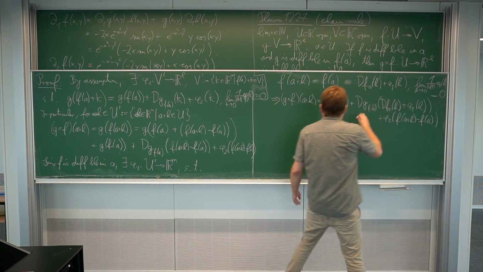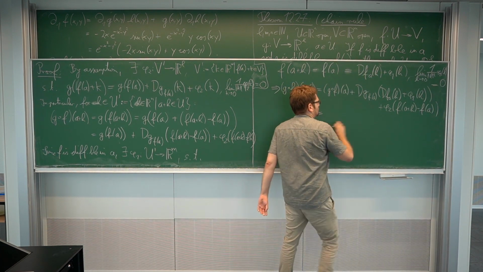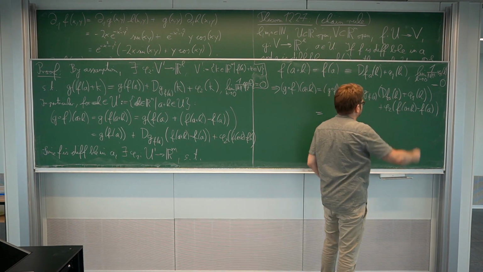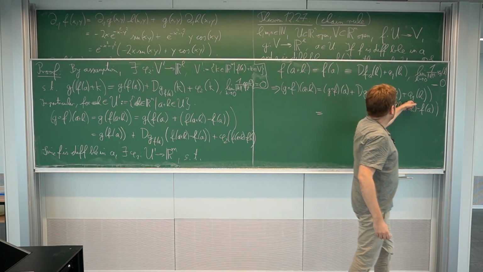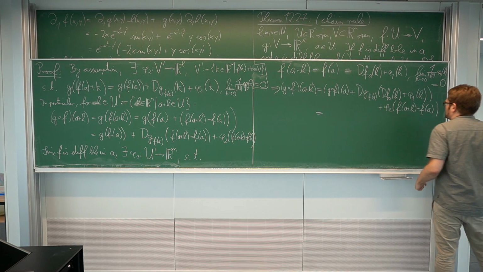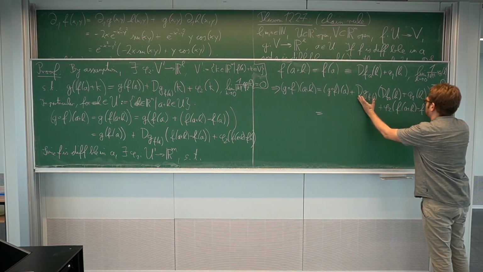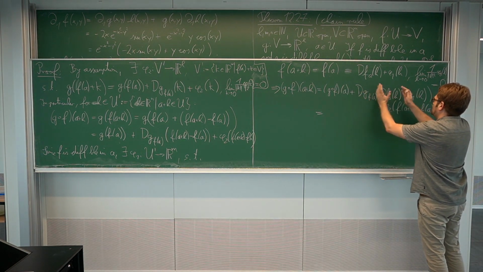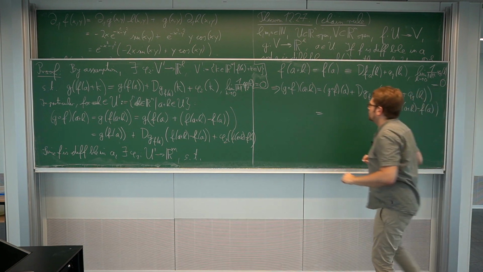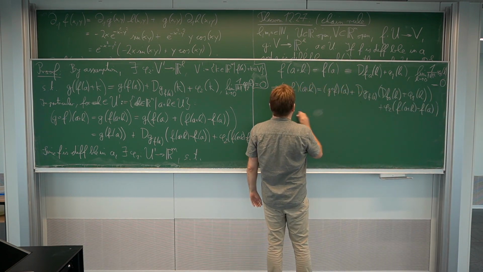Now, dg is linear. So we know that this looks almost like the thing we want. Just this here is in the way. But because it's linear, we can write this expression as the sum of dg on this and dg on this. Maybe let's give it a little more space.